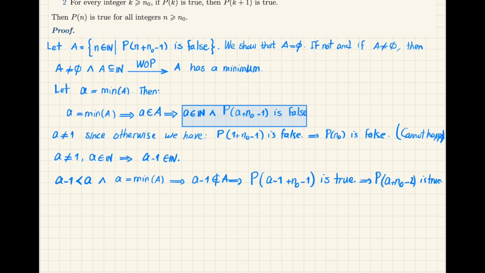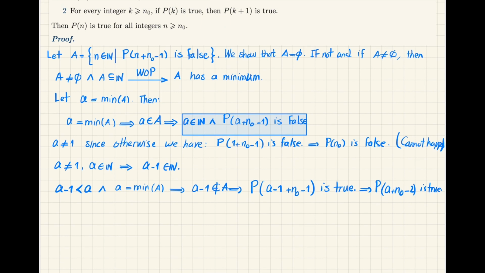Okay? But let me see what is this number here. So I know that a is a natural number greater than 1. Yes, so we learned that a minus 1 is a natural number, so a is greater than 1. Okay, so I want to show that this is an integer greater than or equal to n node.